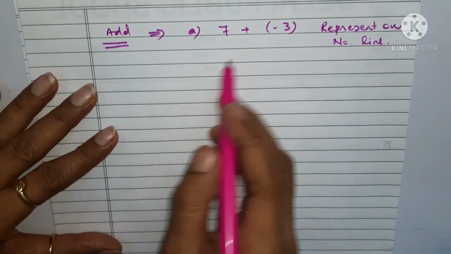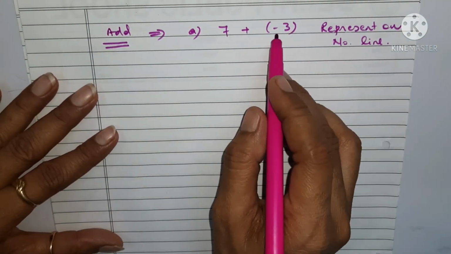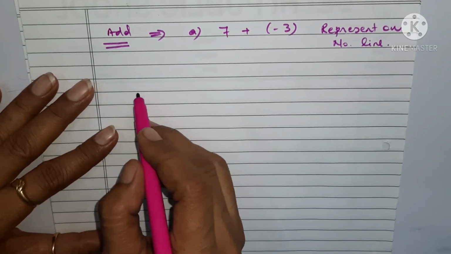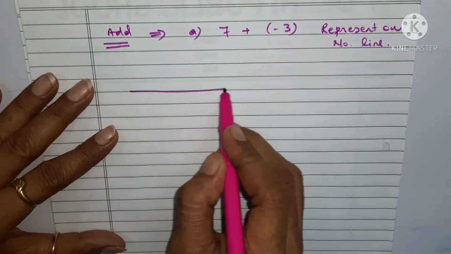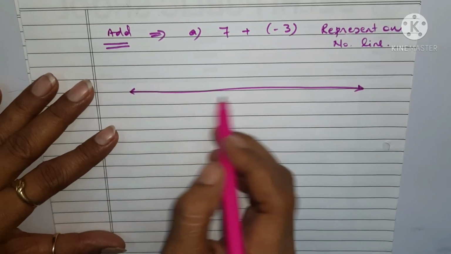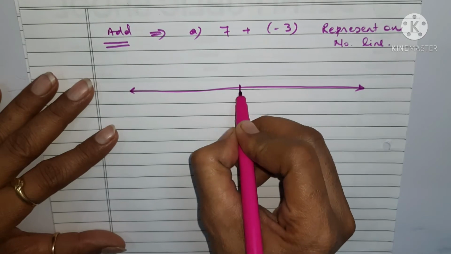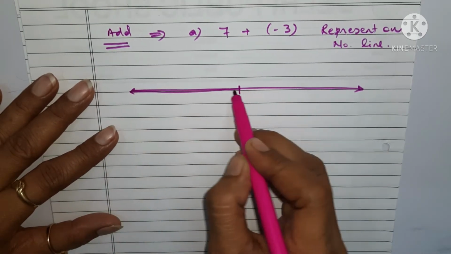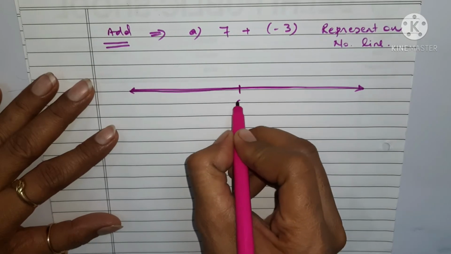Suppose you are given a number line, and since it is integers, we will draw one line of integers. Take 0 in the middle.